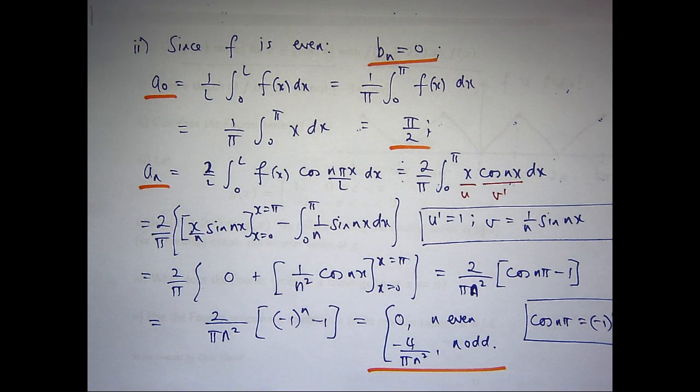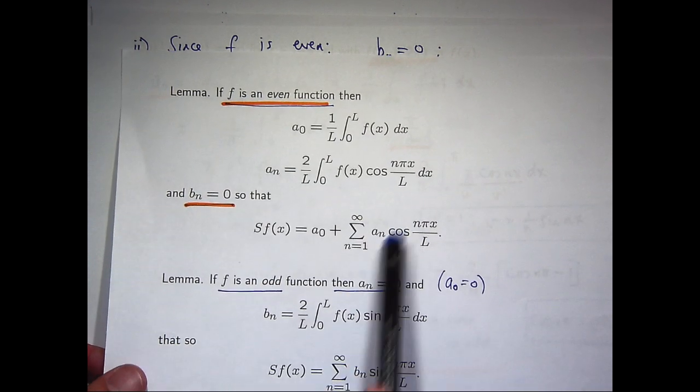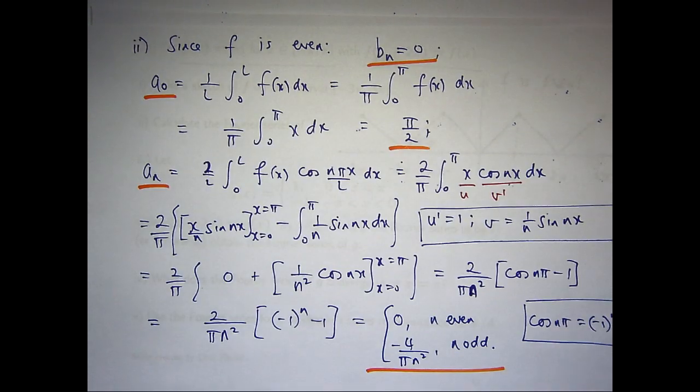If n's even, all the a sub n's are 0. And if n's odd, all the a sub n's are minus 4 on pi n squared. So now we've got our coefficients, let's write down our Fourier series, which in this case, because all the b sub n's are 0, will just be a Fourier cosine series.